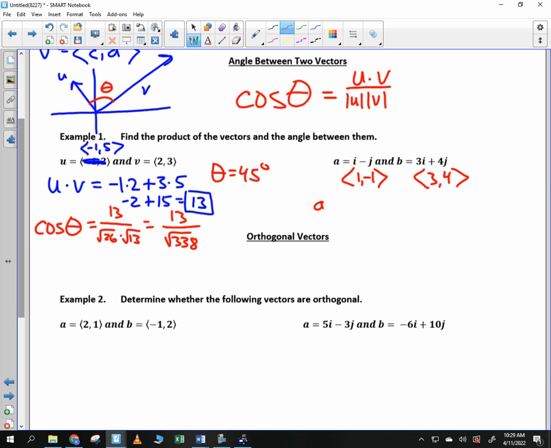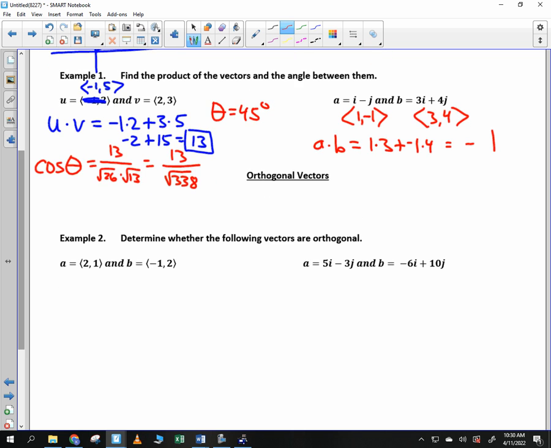So A times B, vector A times vector B. How do I calculate that? Yep, 1 times 3 plus -1 times 4, and I get 3 minus 4 is -1. -1 is the dot product. Everybody okay with that?